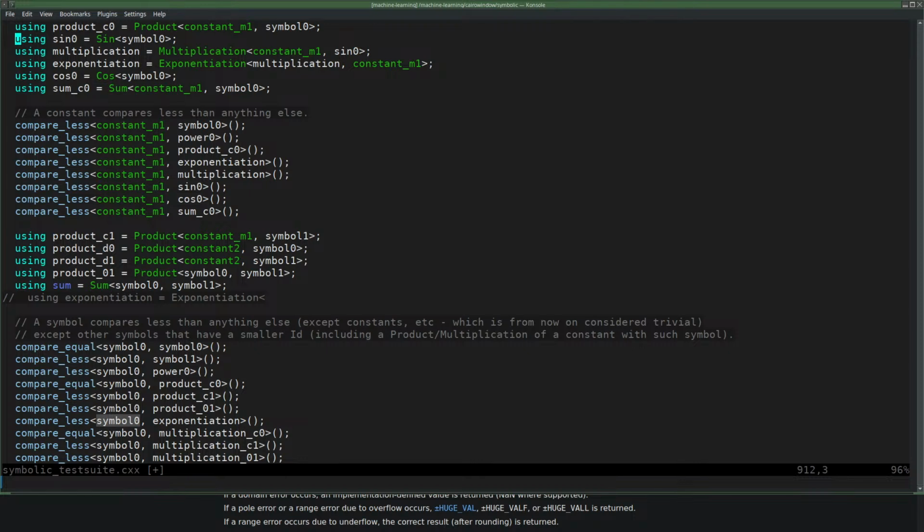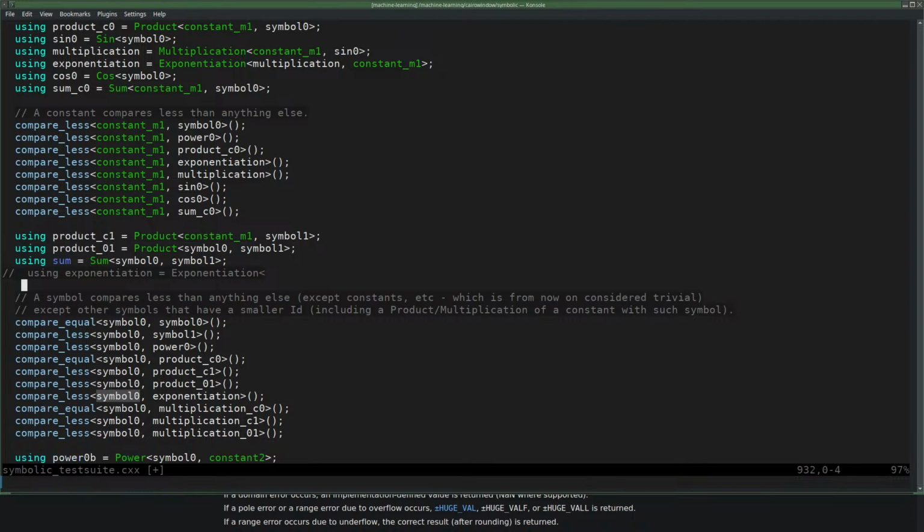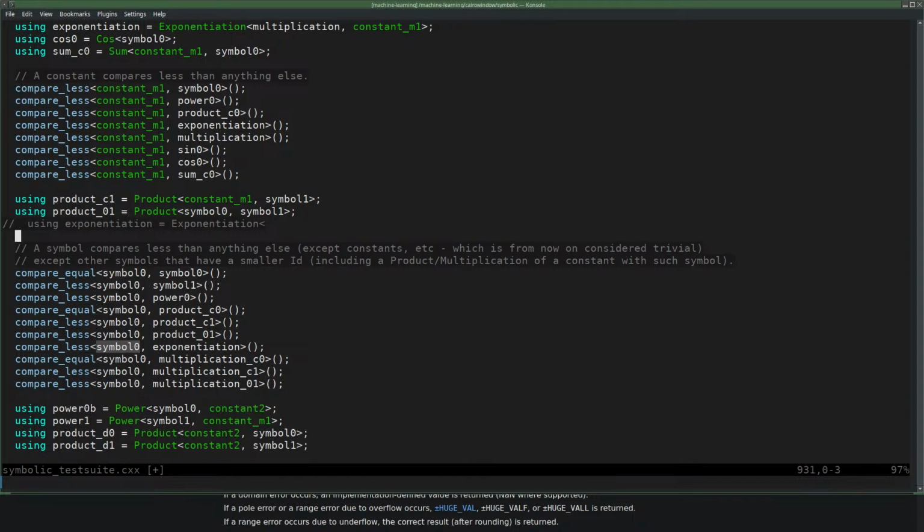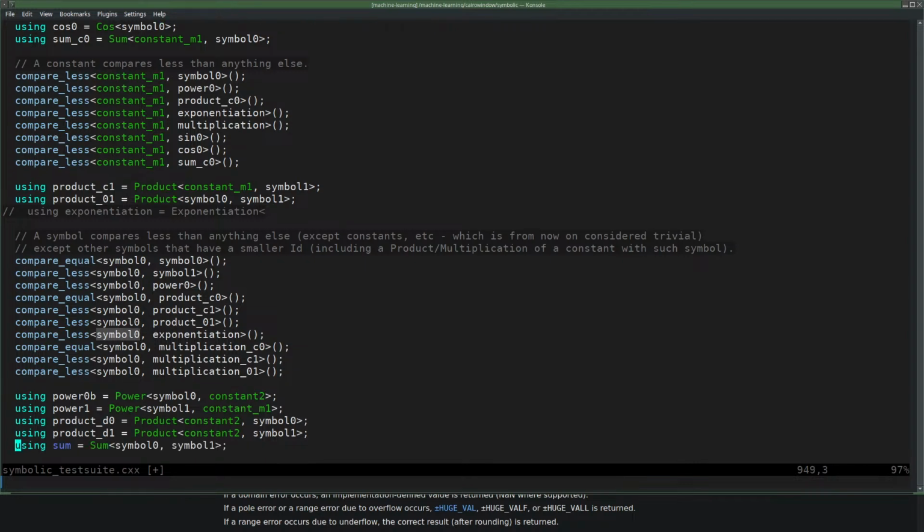Yep, up there. Product C1 is new. I don't have the D. No idea why I call it D. Not using these. So, not using the sum. Well, I'm going to use sum, right? I have to compare with the sum. I already have a sum. Yeah.